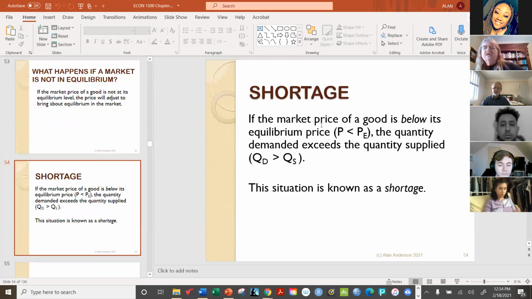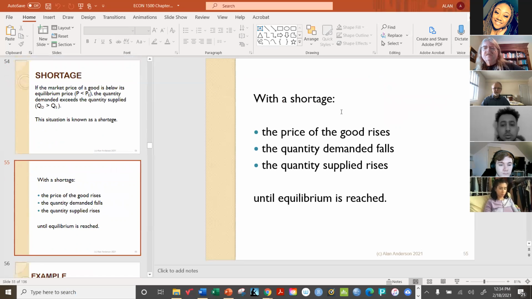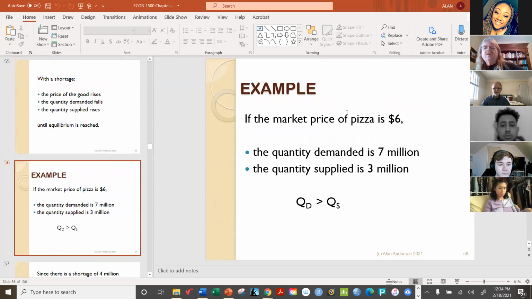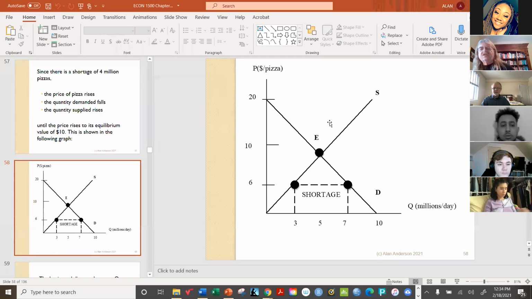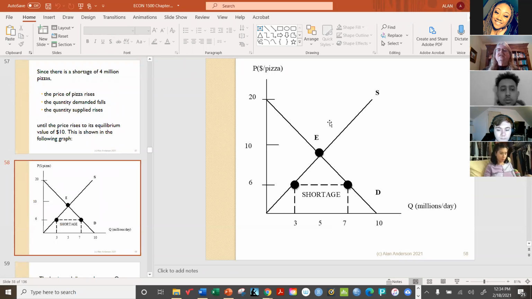For example, we looked at the case of the shortage, when the price is too low, when people want to buy more of the product than is available in the marketplace. We call that a shortage. And of course, what that means is that the price will start to rise, and eventually the shortage will take care of itself.